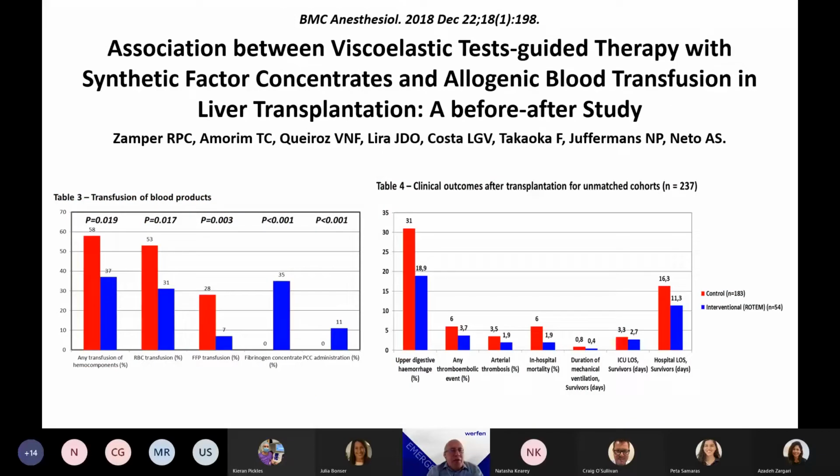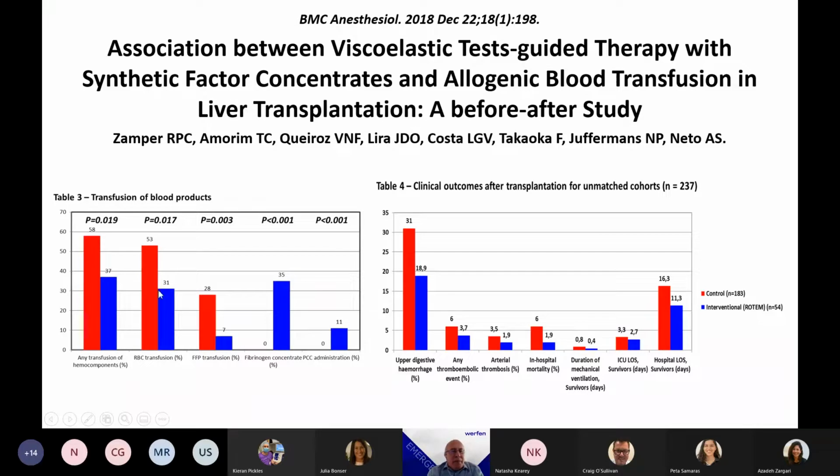Coming finally to interventional studies in the setting of liver transplantation. This is a study done at the Einstein Institute in Sao Paulo, which several years ago adapted their protocol to a ROTEM-guided approach. And what you see is that the incidence of any blood transfusion was significantly reduced from 58 to 37%.